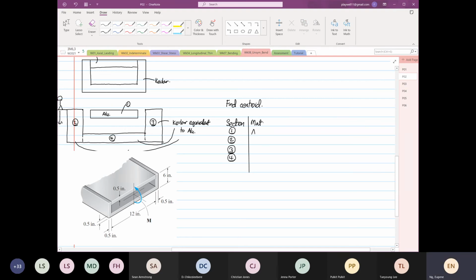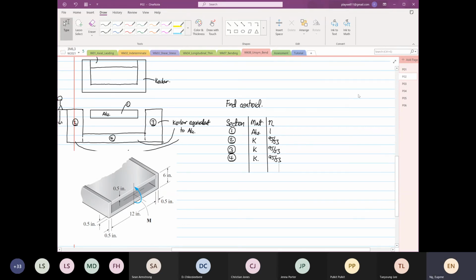We know that this is aluminum, and then the rest are Kevlar, Kevlar, Kevlar. Then what I like to do is put down the coefficient. Because we pick the coefficient to be that of aluminum, this is 1. And then the other ones are 95 over 53, 95 over 53, 95 over 53.